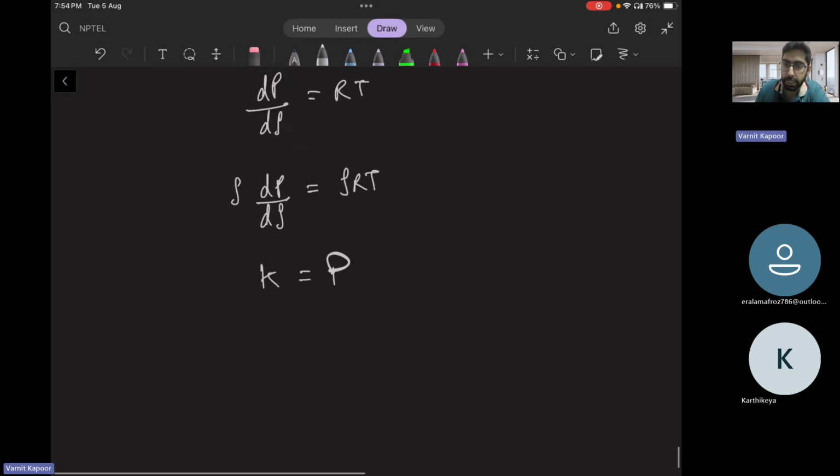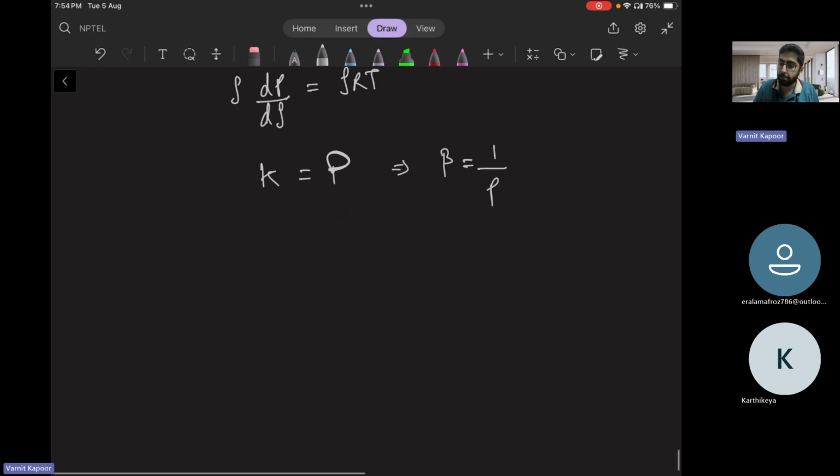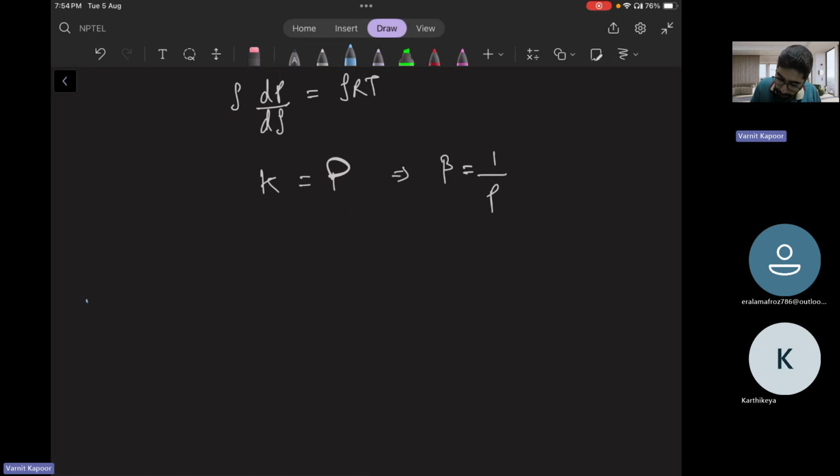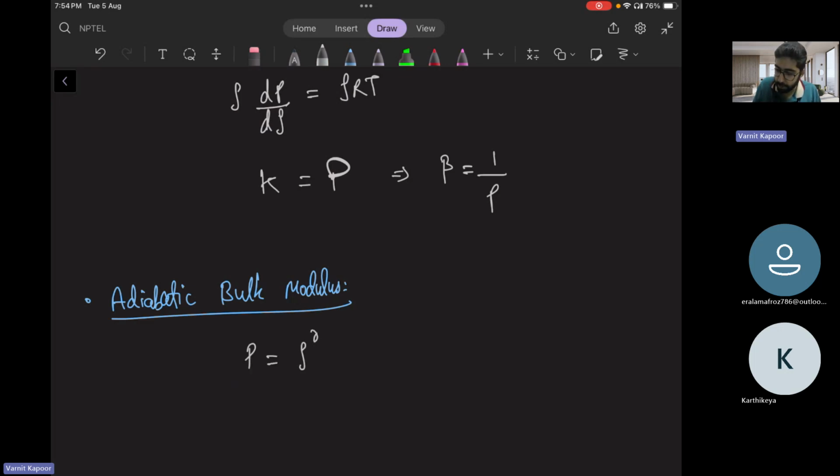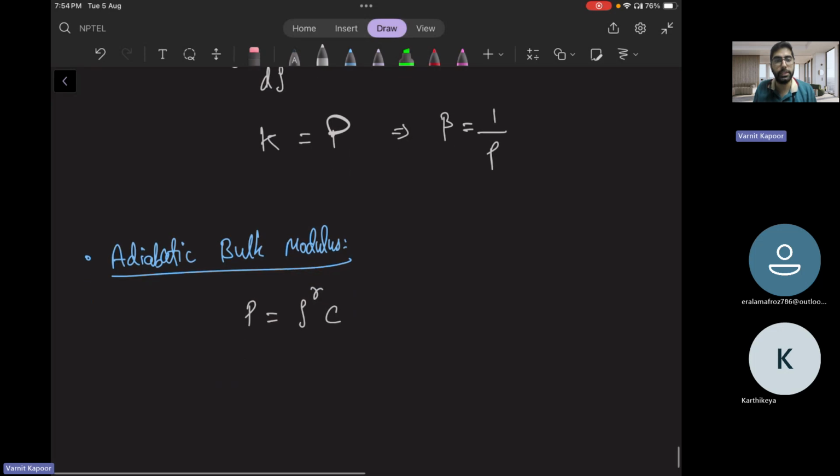So bulk modulus is P, whereas compressibility beta will be 1 by P for an isothermal scenario. Whereas for an adiabatic bulk modulus scenario, we know the relation follows P is equal to rho to the power of gamma into constant.